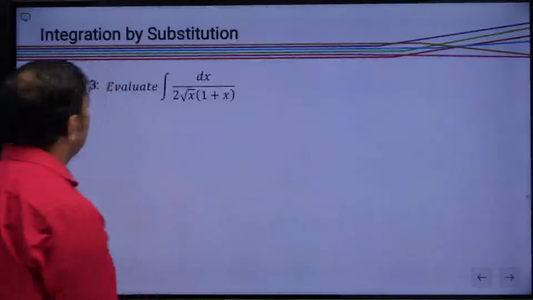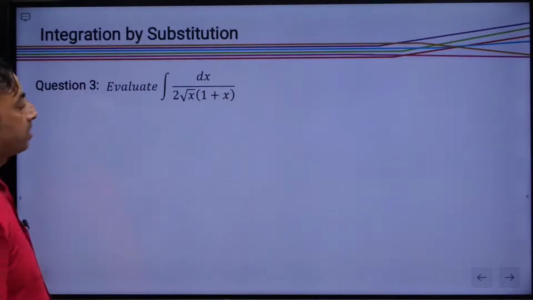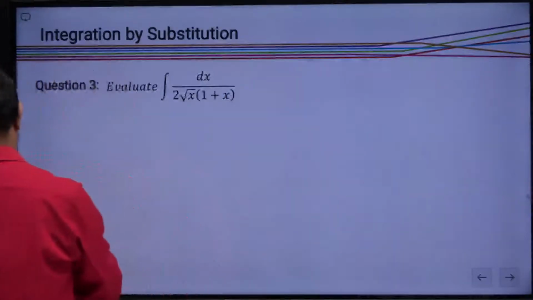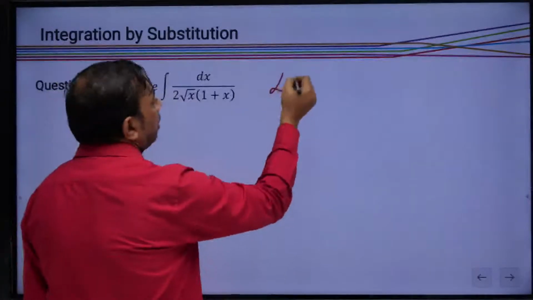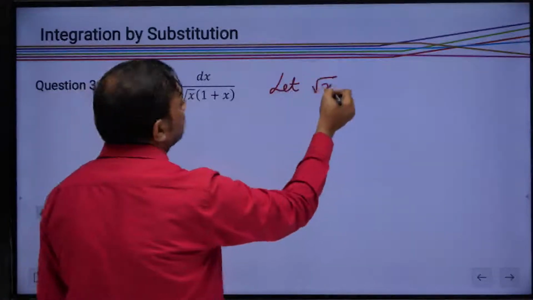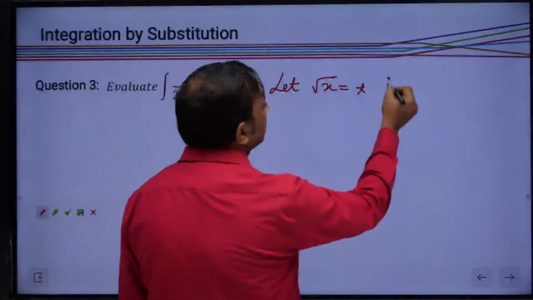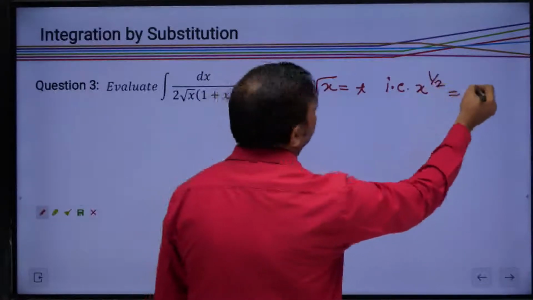Yeah. So evaluate the integration of dx over 2 square root of x, 1 plus x. So what I'll do, I'll assume let root x equal t, that is, x to the power half we are assuming as t.